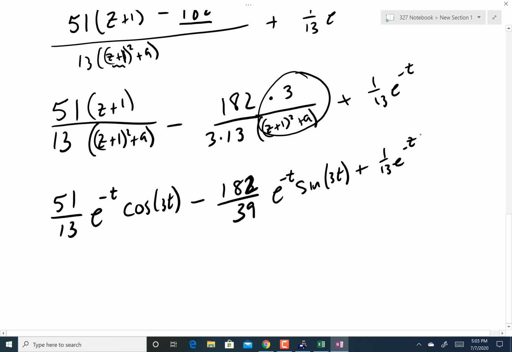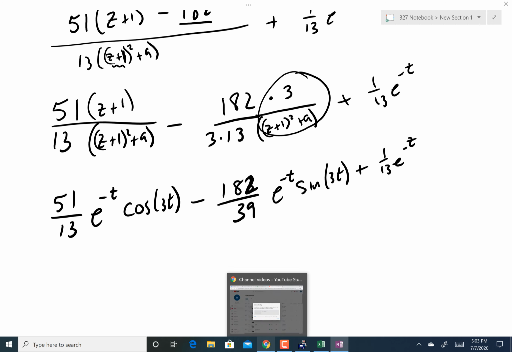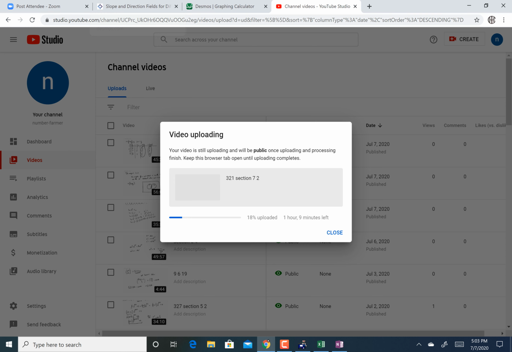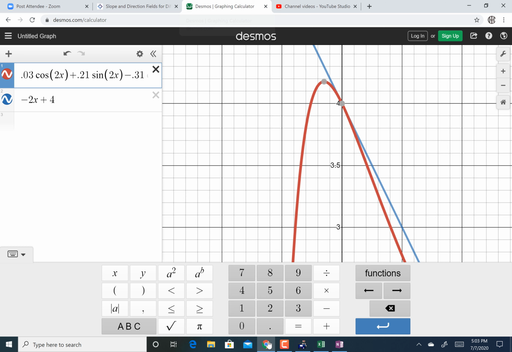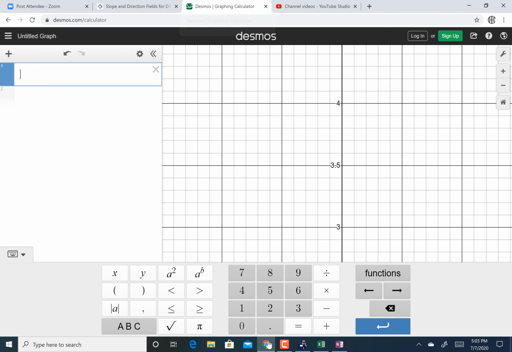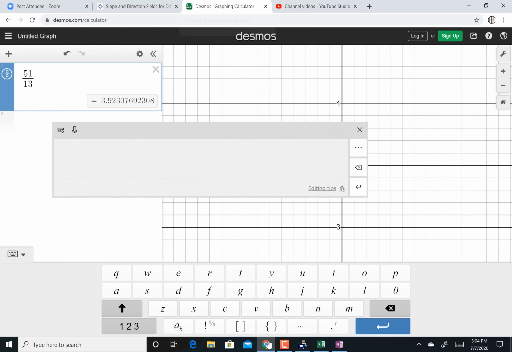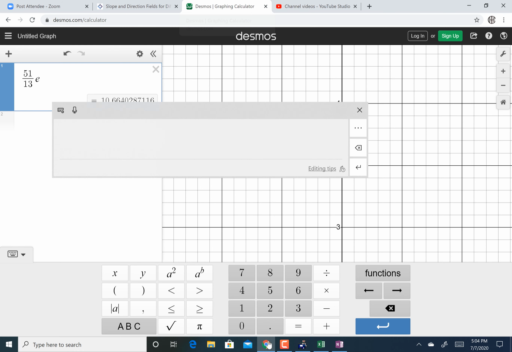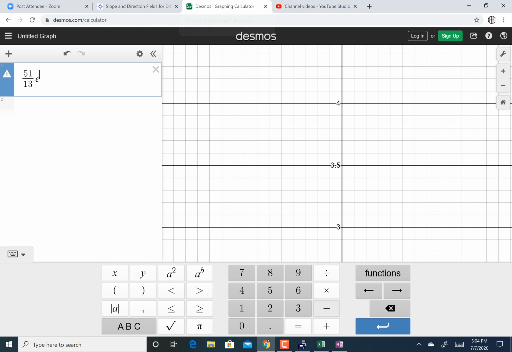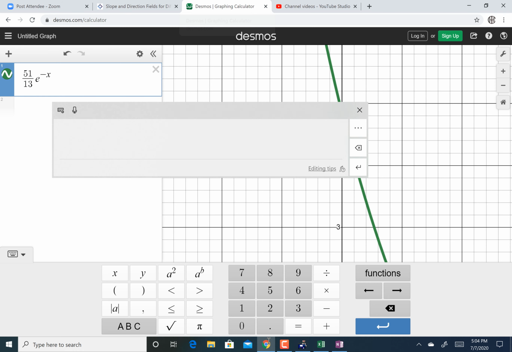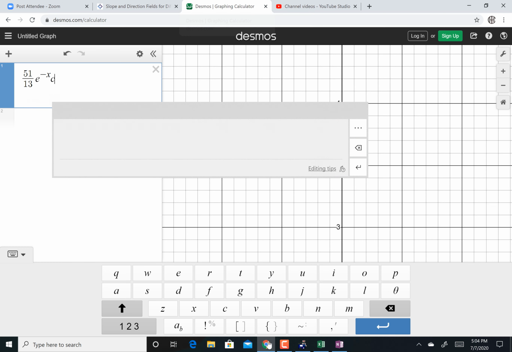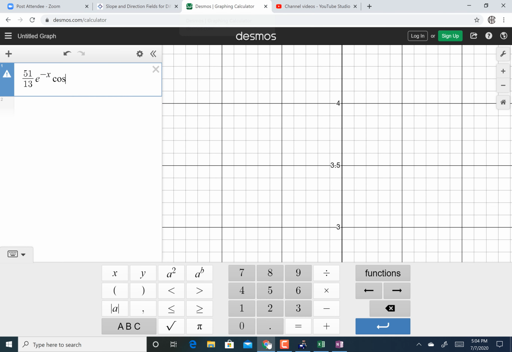So let's go to Desmos, desmos.com. 51/13 e to the negative x cosine of 3x.